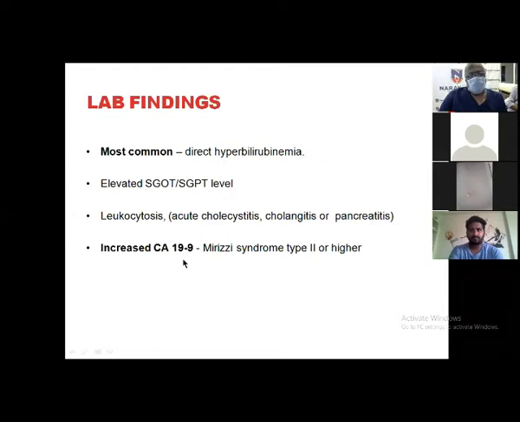Increased CA19-9 is common in all obstructive jaundice. If it is due to a stone disease, it may not be very high. If it is a stone disease associated cholangitis, it will give you substantial support that it is only a benign pathology. Loss of appetite and loss of weight is a very important thing to rule out a malignancy clinically. But CA19-9 will be increased.